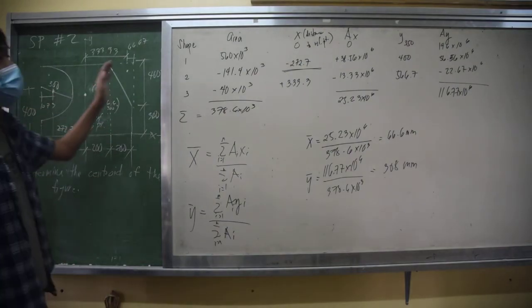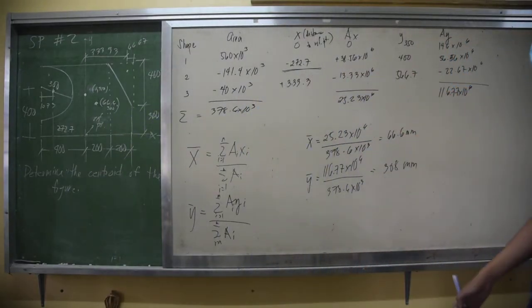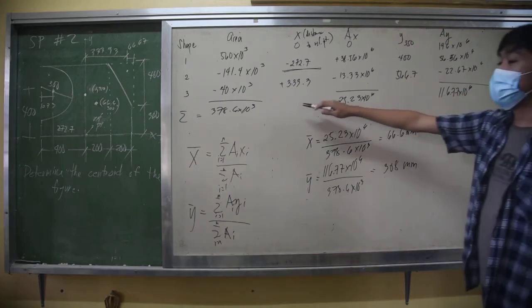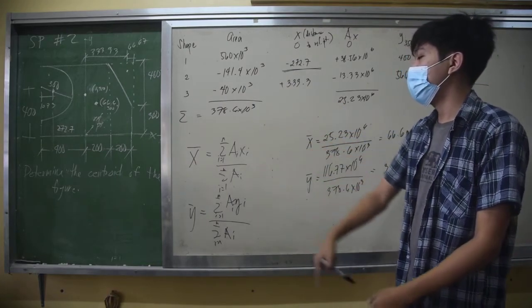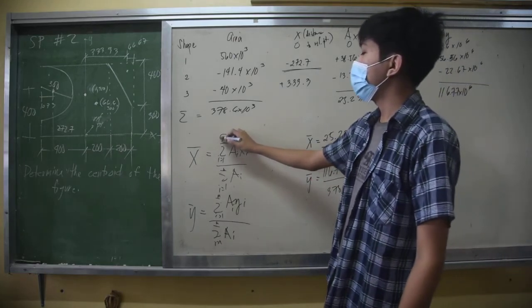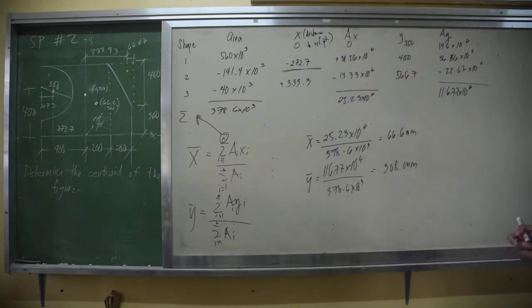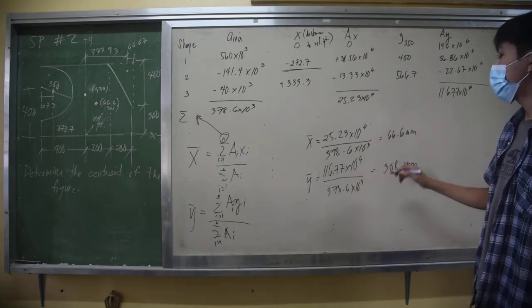Para pagdating sa huli, minus or add nyo na lang yan, nakadepende. Then, summarize nyo. Then, input na lang yung values na yan. Yung n na tinutukoy dito is yung number of shapes ninyo. Yan. So, makukuha nyo na kagad yung centroid natin.